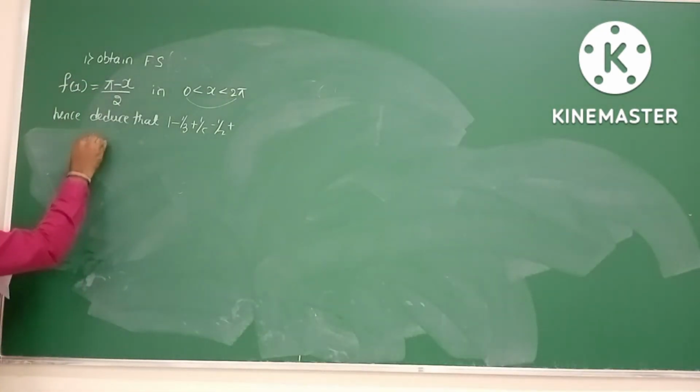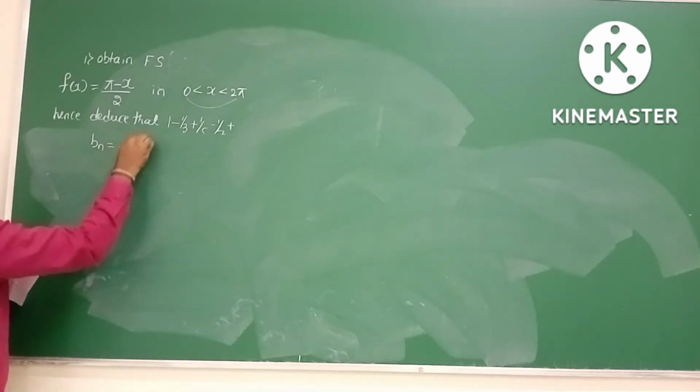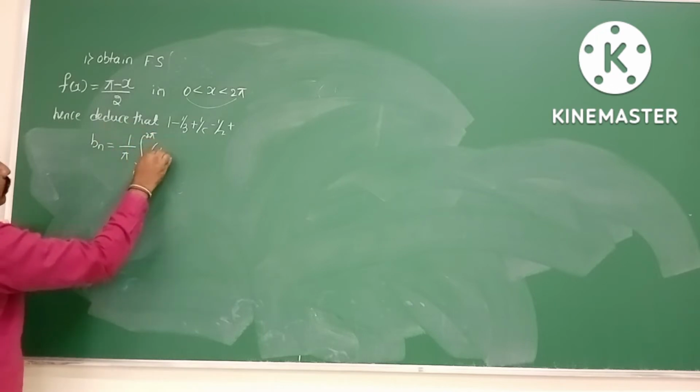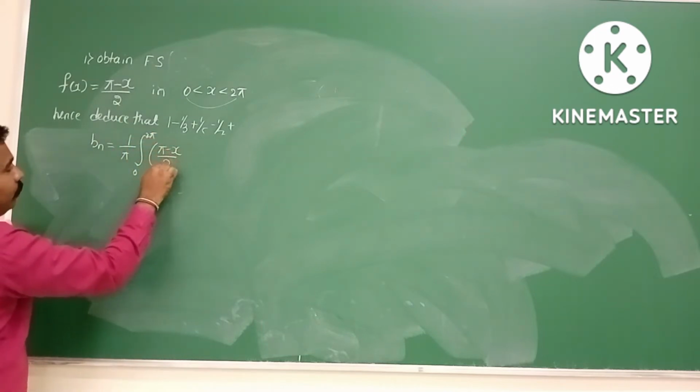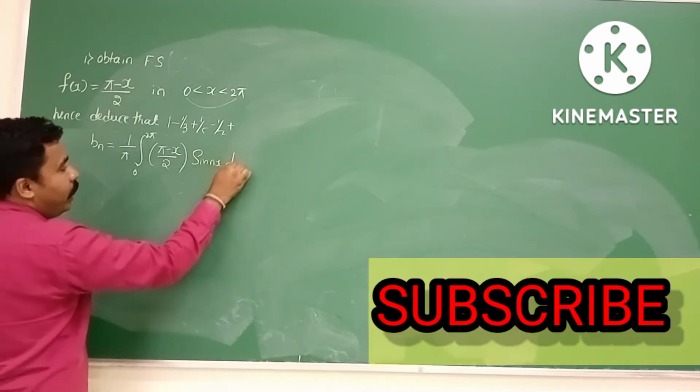Now the bn value. What does it say? 1 by pi integral 0 to 2 pi f of x. What is f of x? (Pi minus x) divided by 2 into sin nx dx.